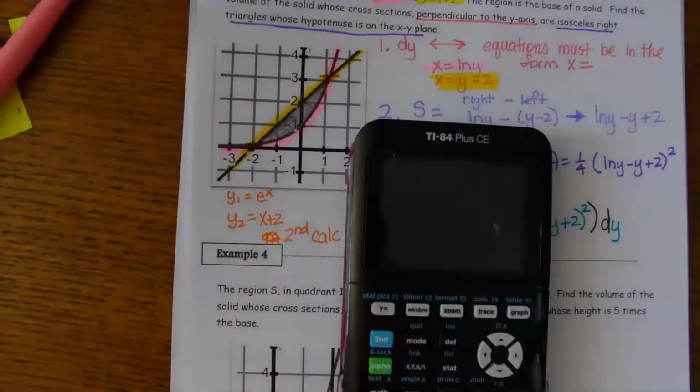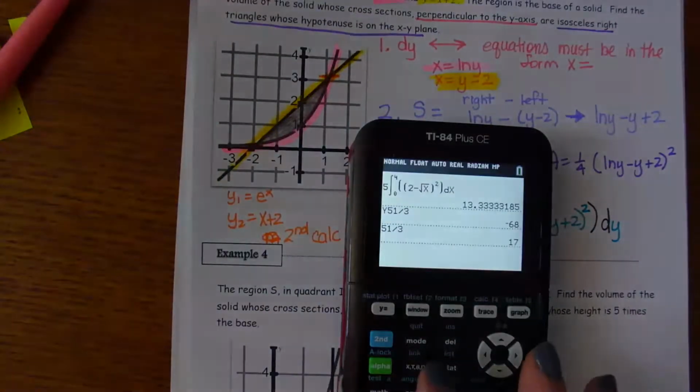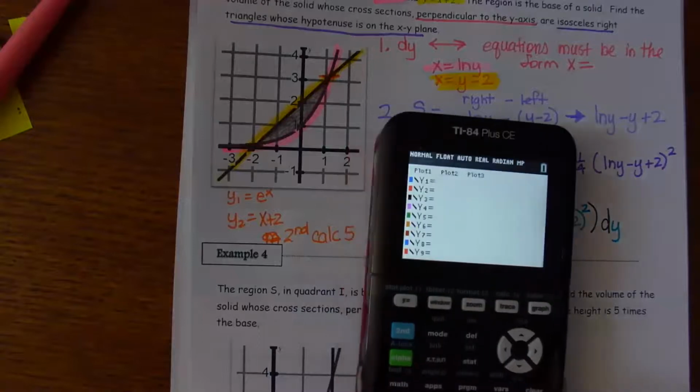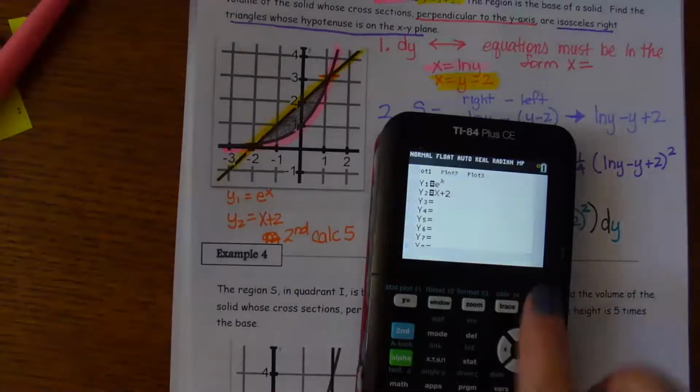So you're going to go into your calculator. You've got to be able to figure out where these two guys intersect. So we're going to go to y equals, and we're going to put in the first one, and we're going to put in the other one. You just tell the calculator what the equations are, and you graph it.